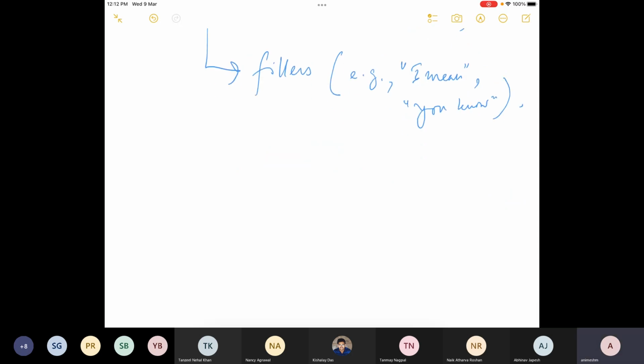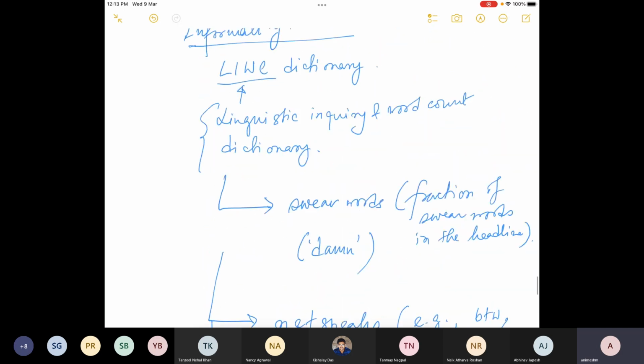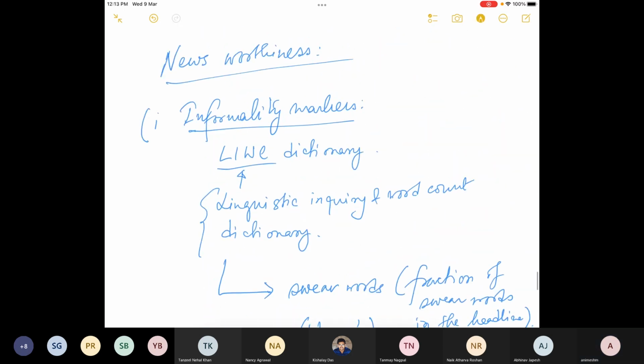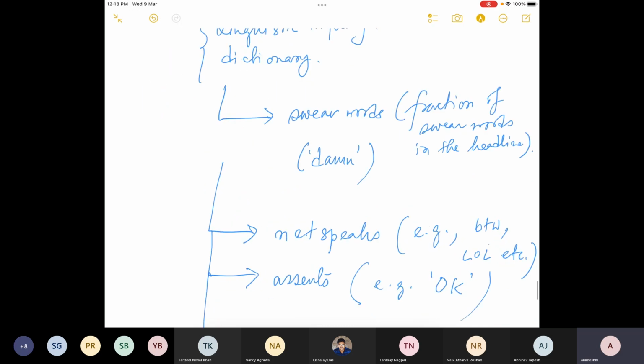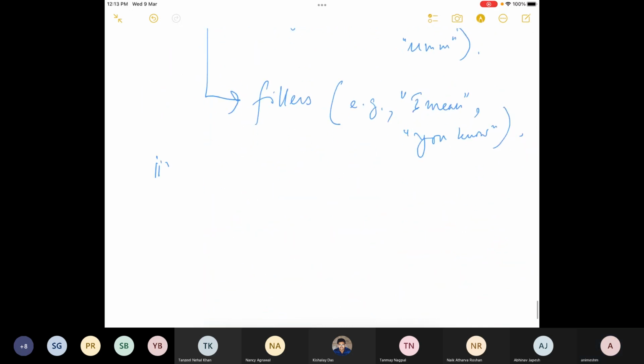The other part is, so informality is one part, and the other part is the quality. So the quality again, this I already told you when I was talking about similarity.